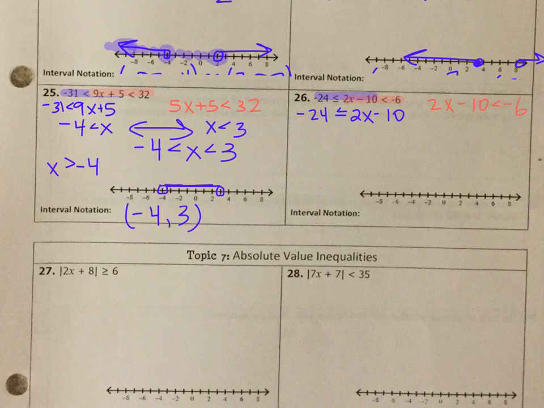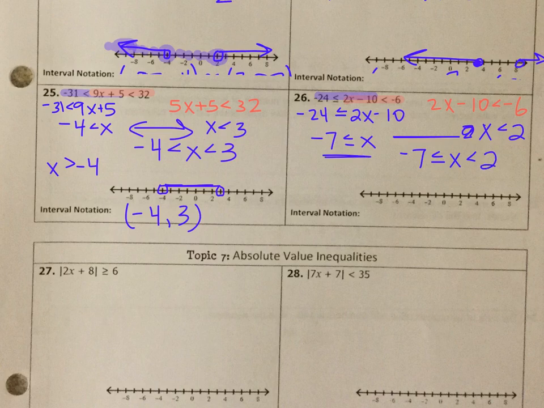So if you worked the one on the left out, you would get negative 7 less than or equal to x. Over here, you would get x less than 2. If I shove them together, I get negative 7 less than or equal to x less than 2.